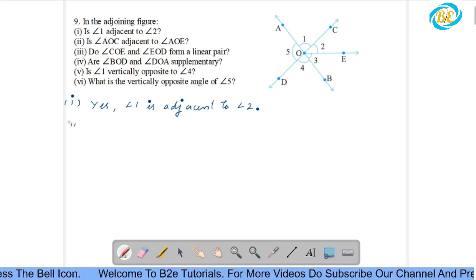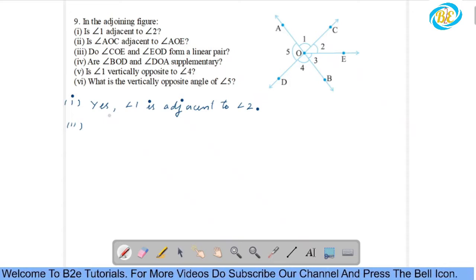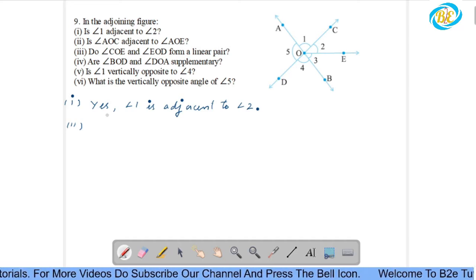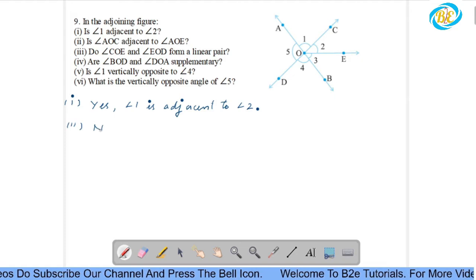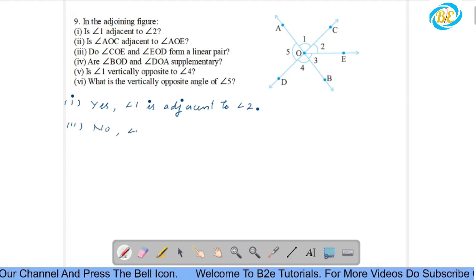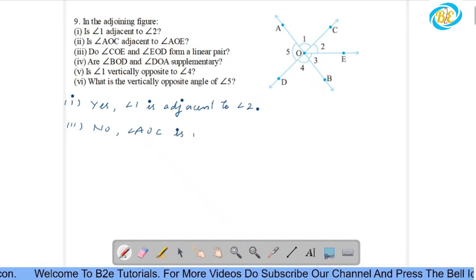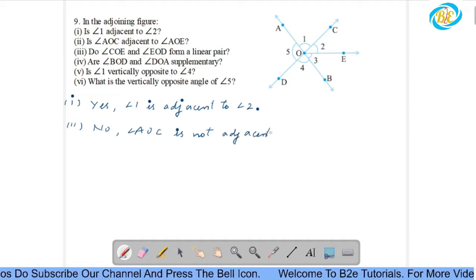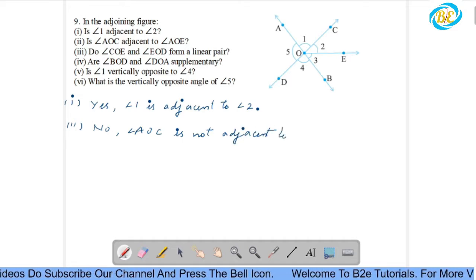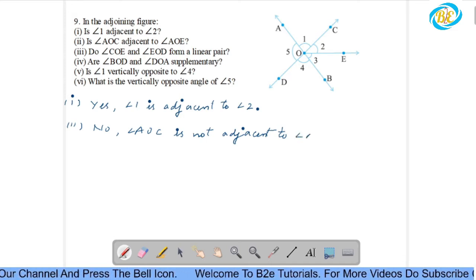Now second part, is angle AOC adjacent to angle AOE? No. Angle AOC is not adjacent to angle AOE.